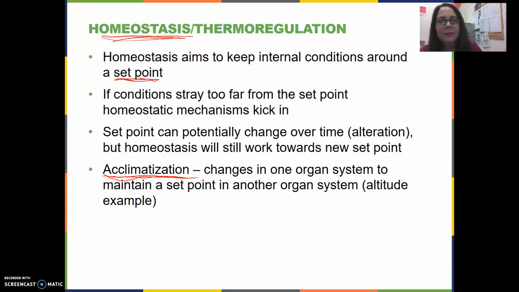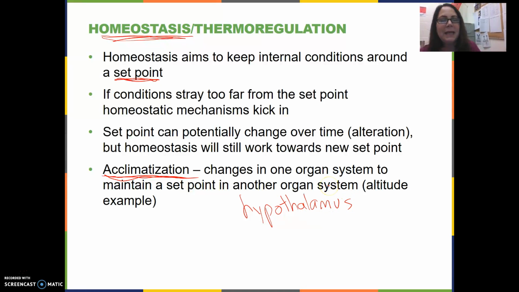If the temperature in our body is detected by the hypothalamus, that is in the nervous system because the hypothalamus is in the brain.